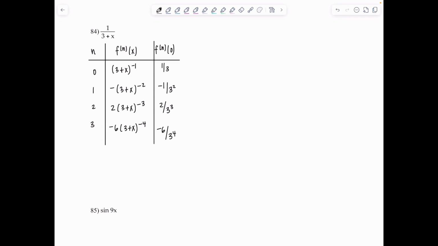Honestly, leave it, okay? So then we have f of x equals 1/3 x to the 0 over 0 factorial minus 1 over 3 squared. Let me just write it normal like that.